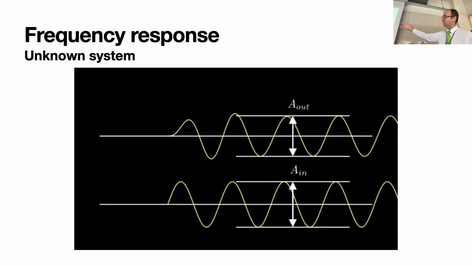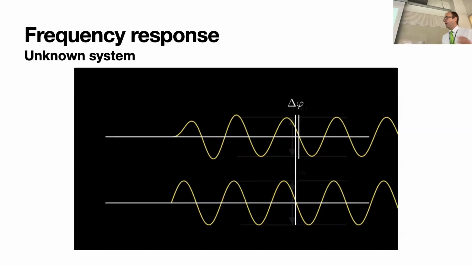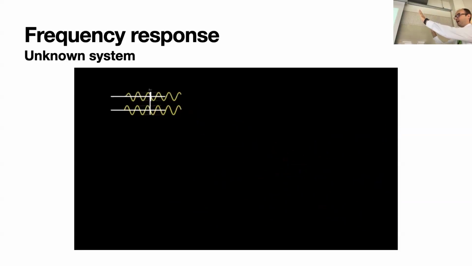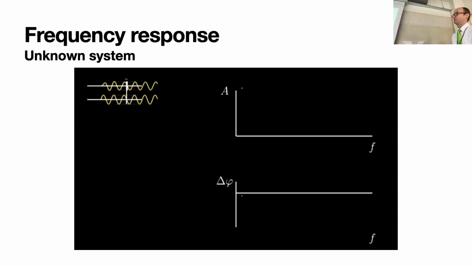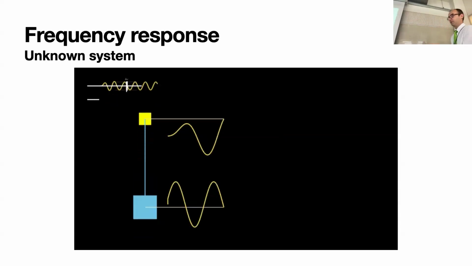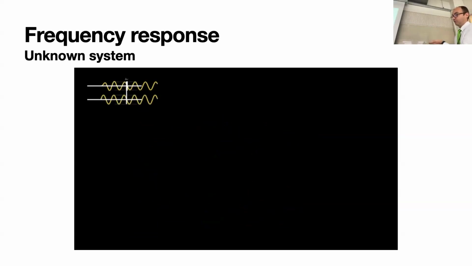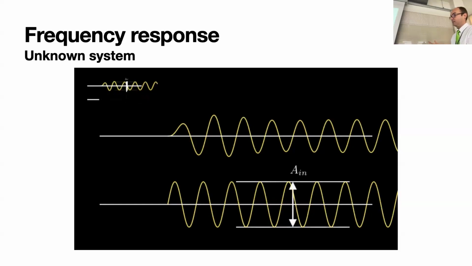We take the amplitude of the input and the output, and we divide it. Then we take the phase difference between those signals, and then we have amplitude and phase, and we draw a single point in our frequency characteristics. Change the frequency. Now the output is a little different. Again, the same idea.